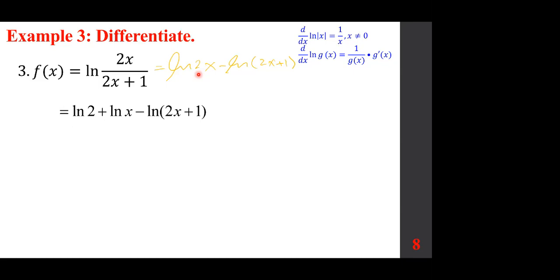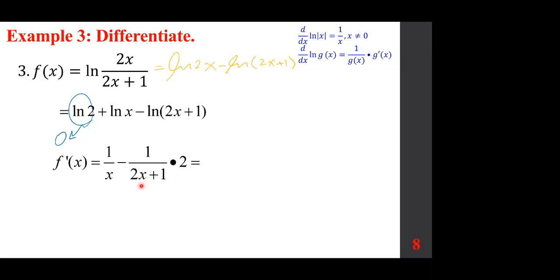So we did our algebraic technique. Now, piece by piece. This one is a number, gives you 0. This one gives you 1 over x minus this 1 over 2x plus 1 times 2. And again, don't forget that this gives you 0, okay, class, because it is a number.